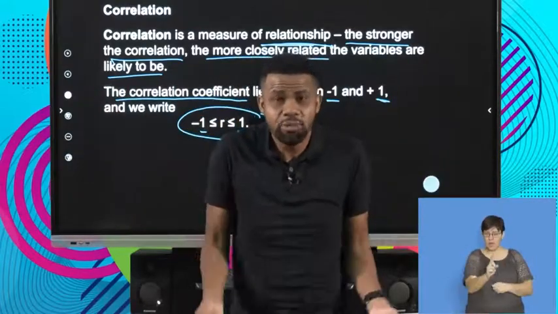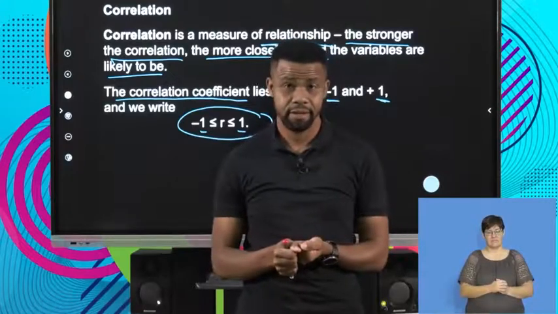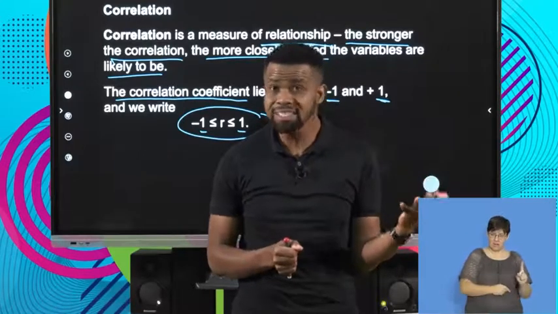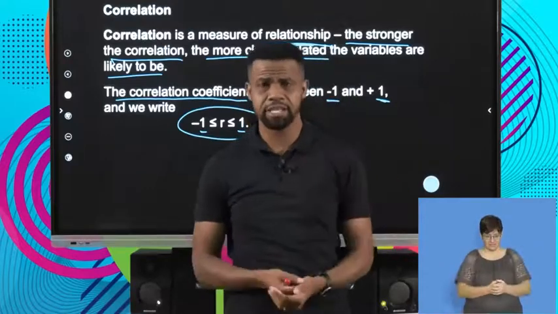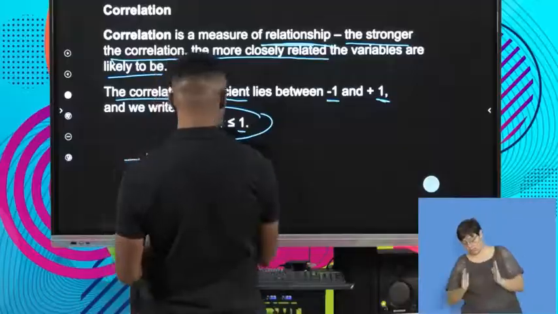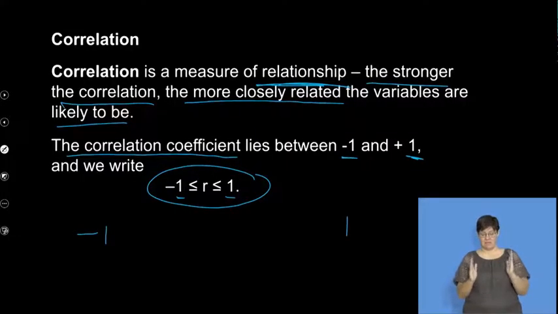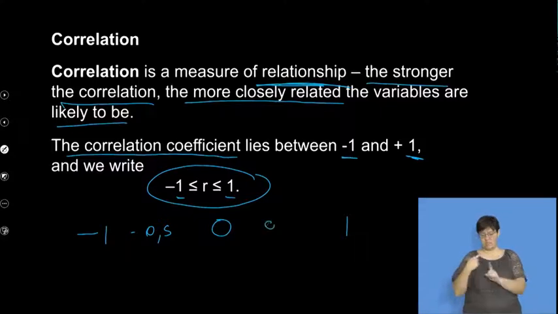If correlation is 1, we say perfect correlation. If correlation is -1, it's a perfect negative correlation. Are we together? Because this is from -1 to 1, in between there we have 0. 0.5 would be somewhere there, and -0.5 there. So what does that mean?